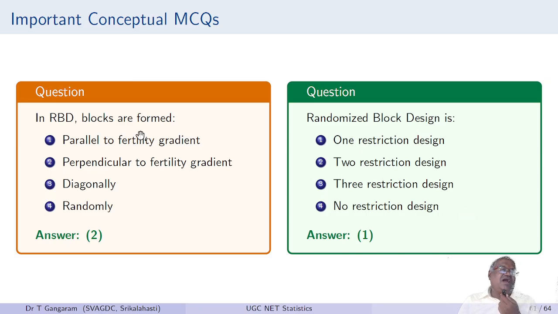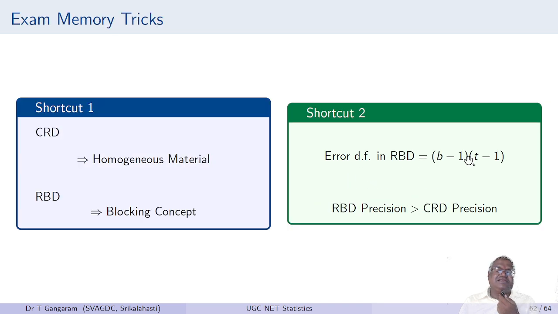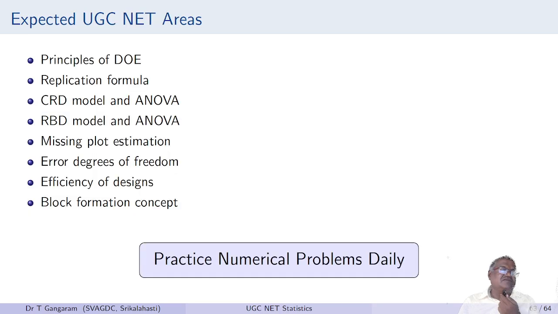In RBD, blocks are formed perpendicular to the fertility gradient. Randomized block design is a one-restriction design, whereas LSD is a two-restriction design. CRD uses homogeneous material, RBD uses the blocking concept, with error degrees of freedom b minus 1 into t minus 1, and greater precision.